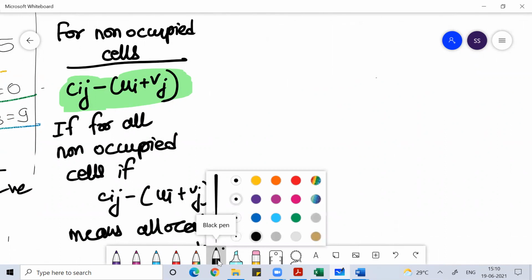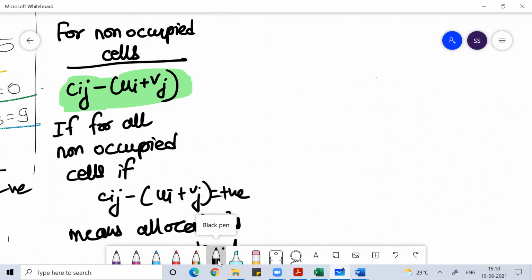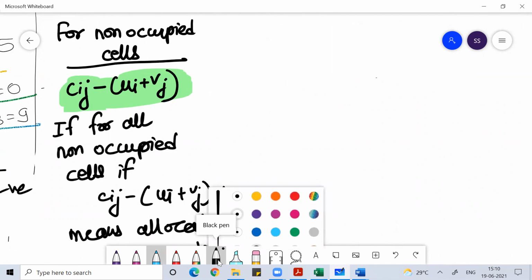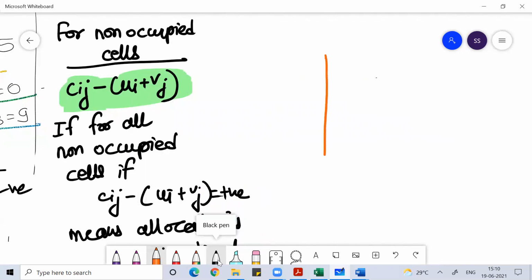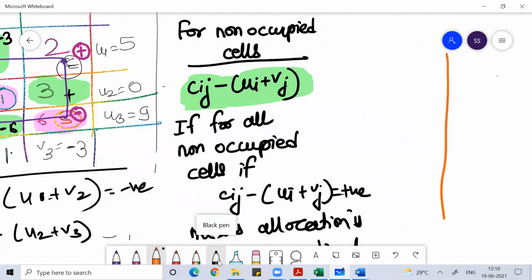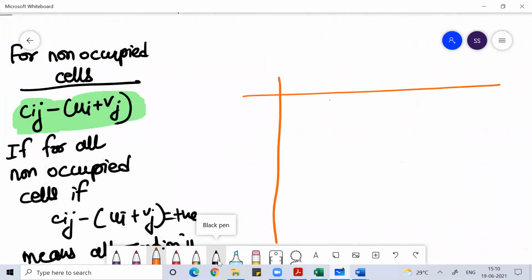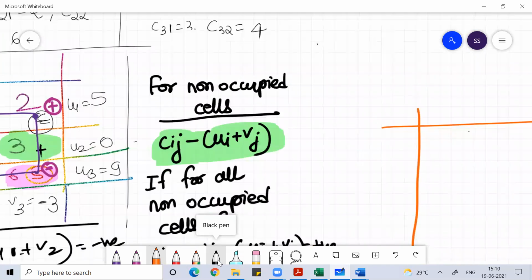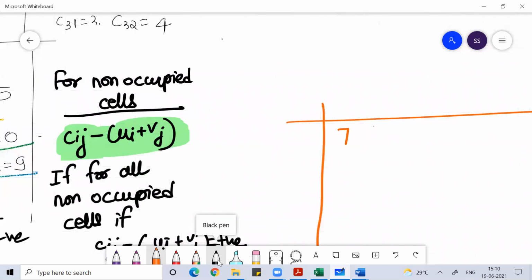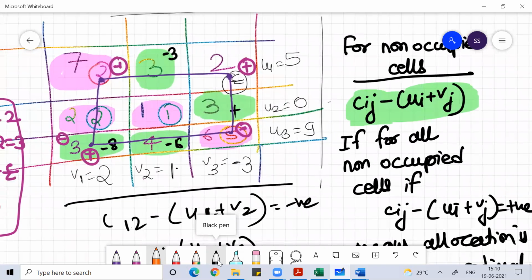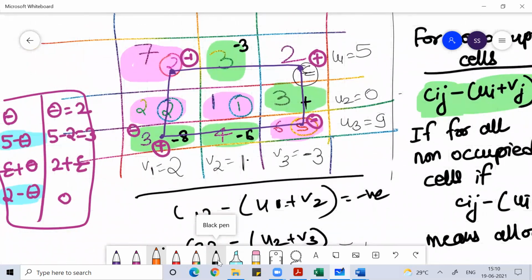Whatever allocation I did, I just write it down again. So you can see this is 7. That was the negative value 2, which I took as theta, so now it has become unoccupied.